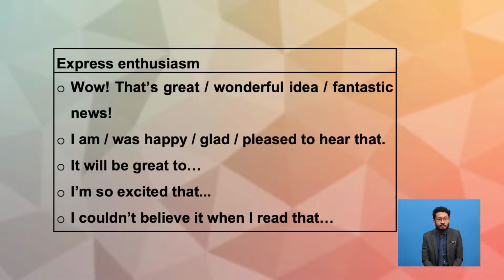Express enthusiasm: Wow, that's great. Wonderful idea. Fantastic news. I am or was happy, glad, pleased to hear that. It will be great too. I'm so excited, Dad. I couldn't believe it when I read that.